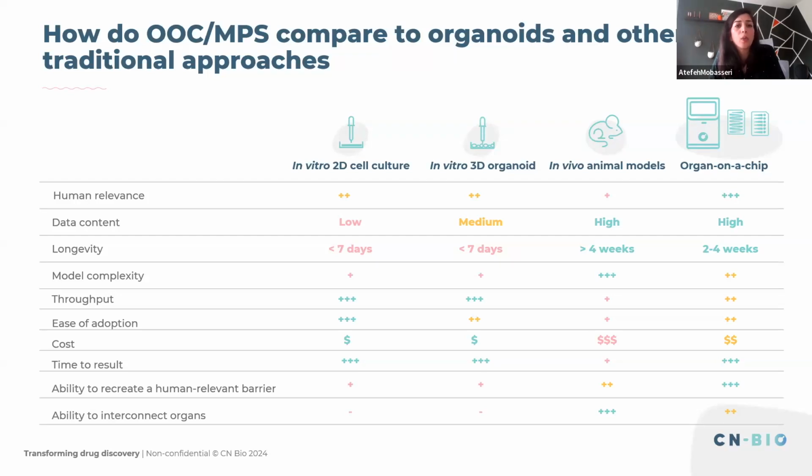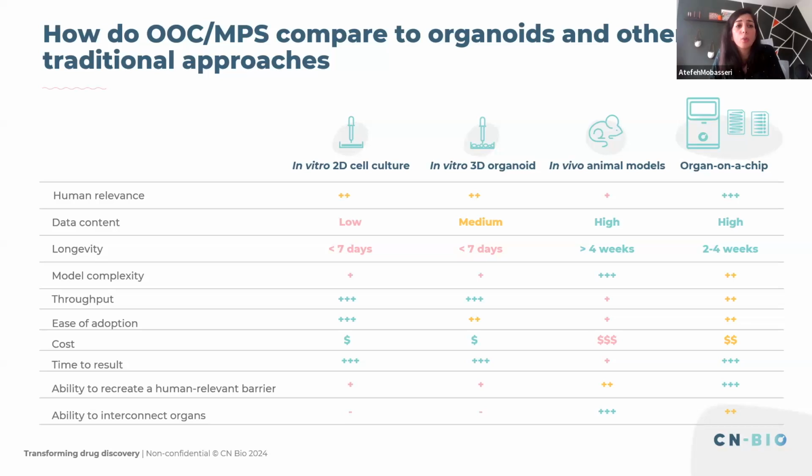And when we move on to animal model in vivo studies, we know that we can look at more complex processes. We can look at the whole body. We can look at the organ crosstalk. However, as we know, the human relevancy is limited. Then organ-on-a-chip technology has better and improved human relevancy compared to animal models.